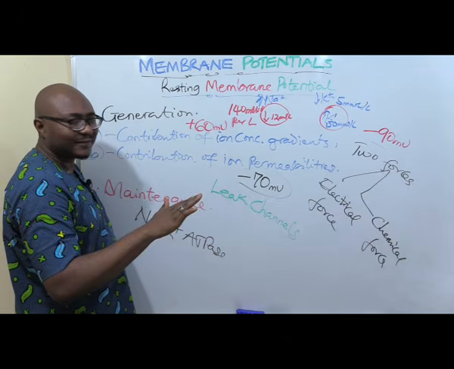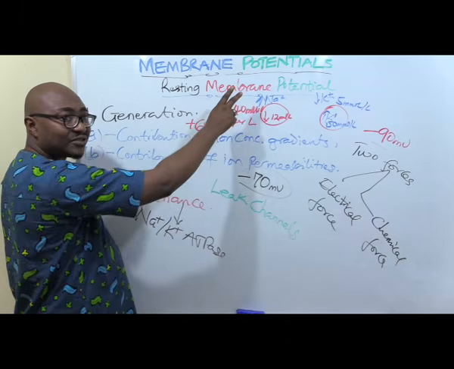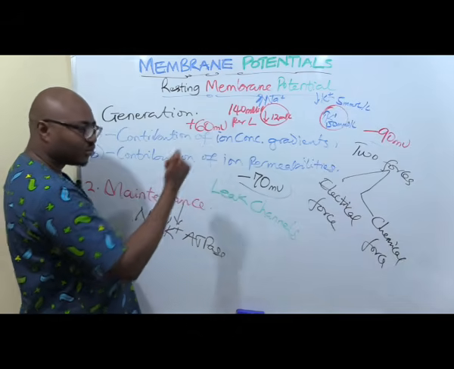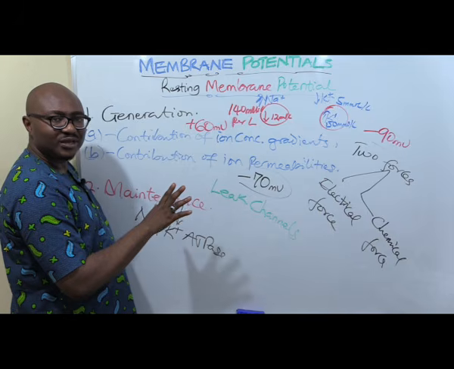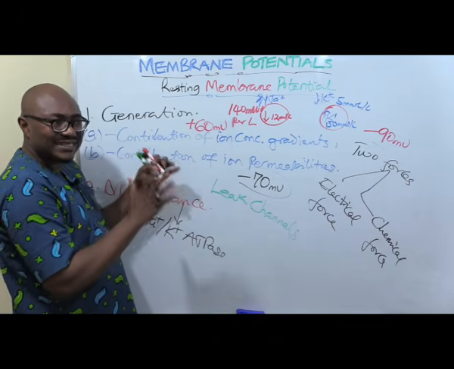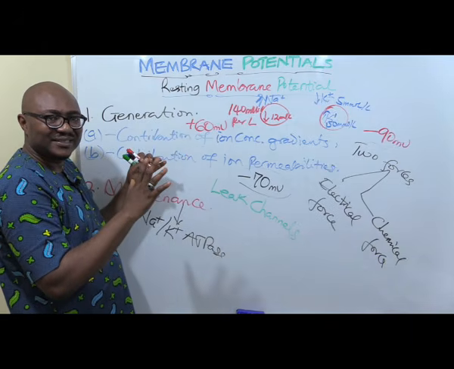Do you understand that now? Against that concentration gradient, sodium is already high outside, but it's still pumping 3 out, pumping 2 molecules of potassium inside. So that in itself helps to maintain the resting membrane potential.